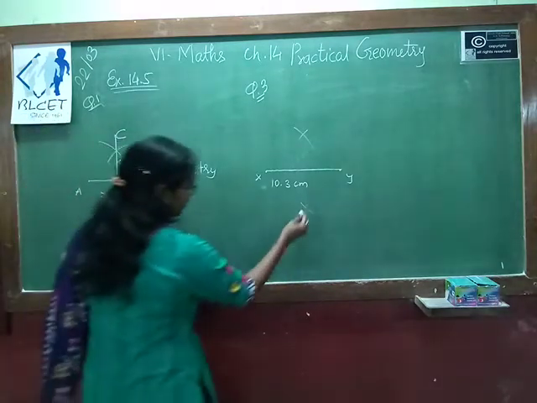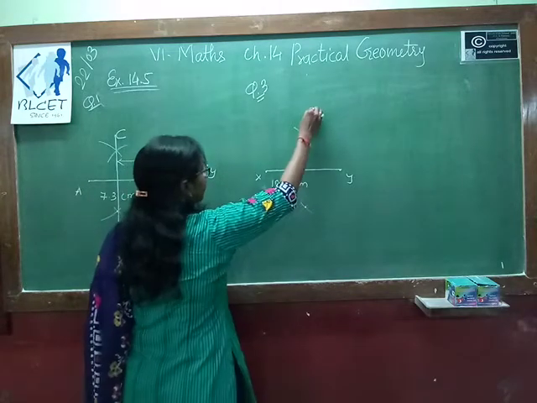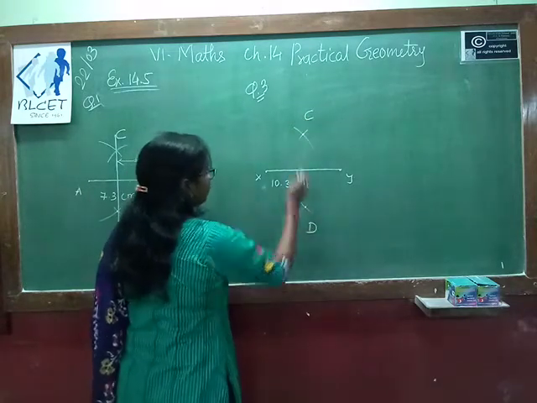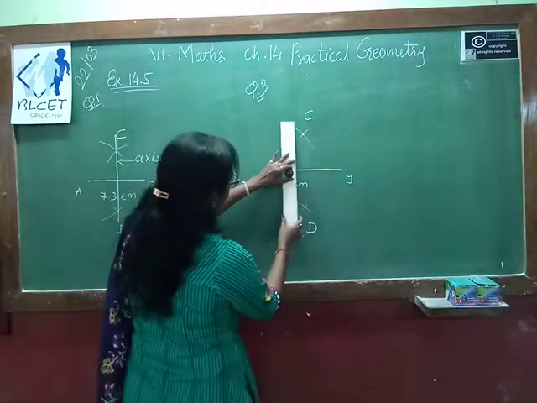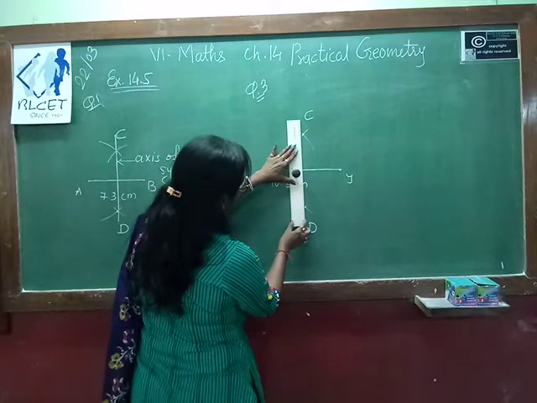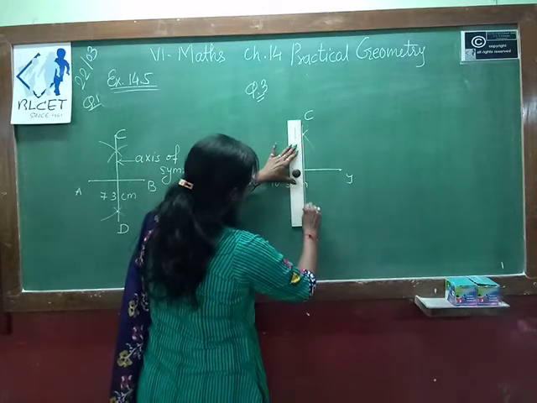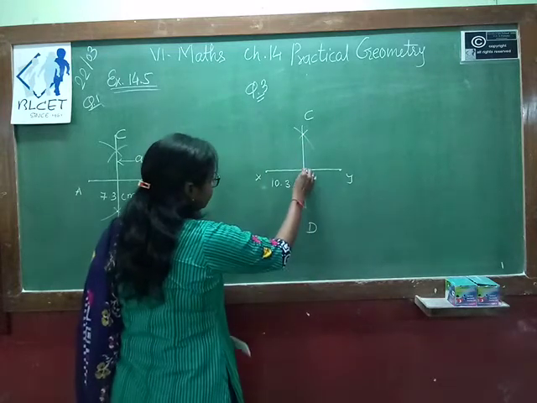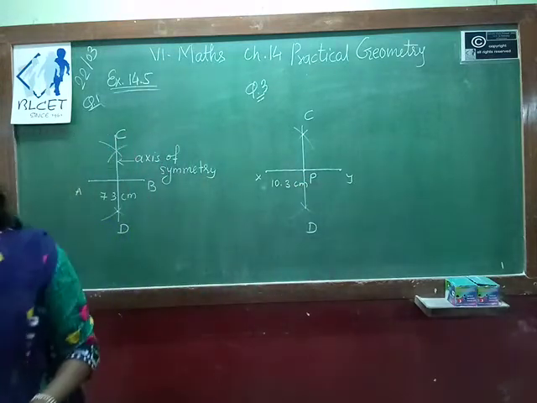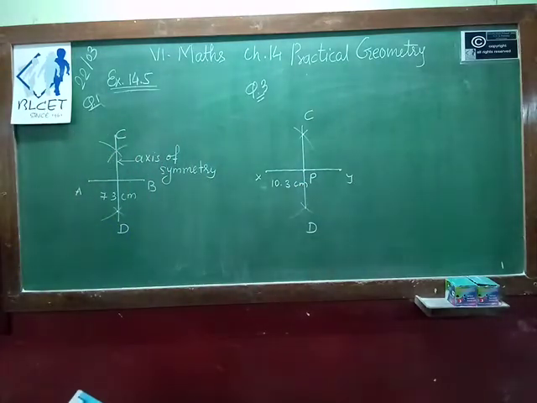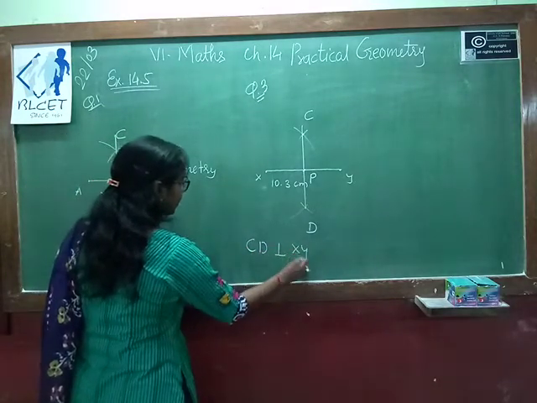We are getting the intersecting points because of these arcs, name them as C, D, and we join this. So you are getting one point over here, name it as P. Now the construction is completed. CD is your perpendicular bisector of XY.